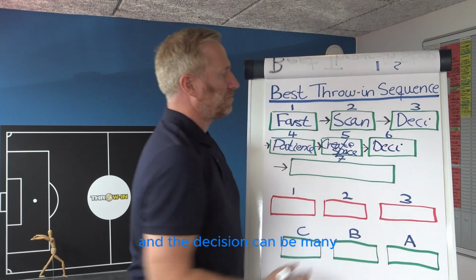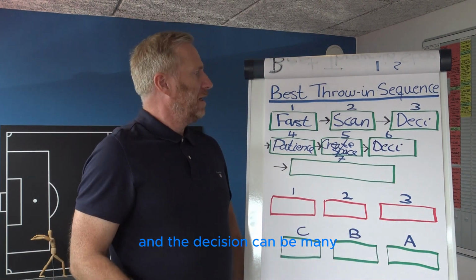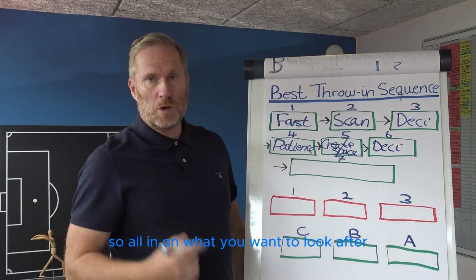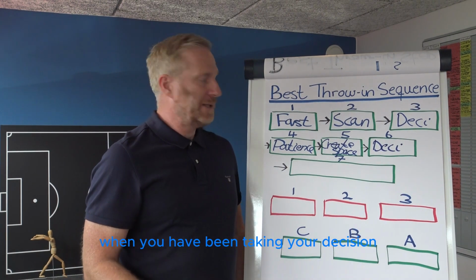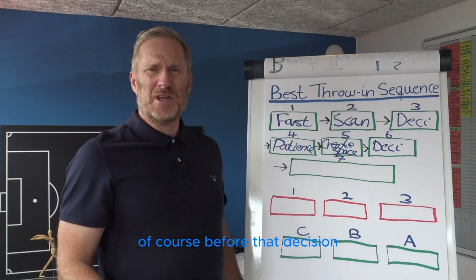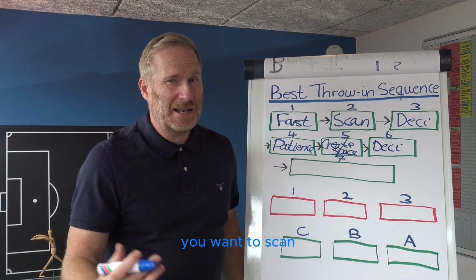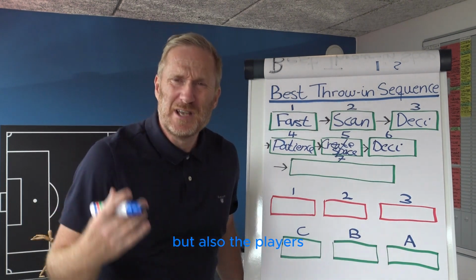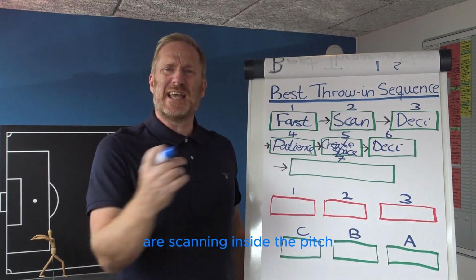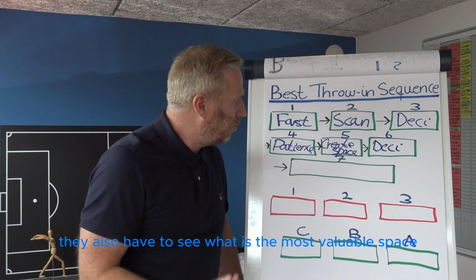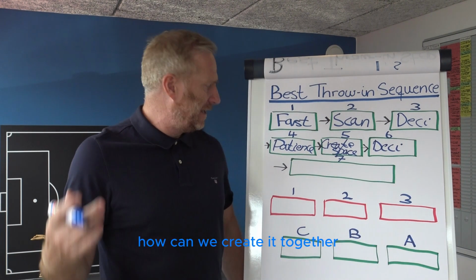And the decision can be many different things. So all in all, what you want to look after when you have been taking your decision, of course, before that decision, you want to scan where is the space, not only as a thrower, but also as the players who are scanning inside the pitch. They also have to see what is the most valuable space, how can we create it together.